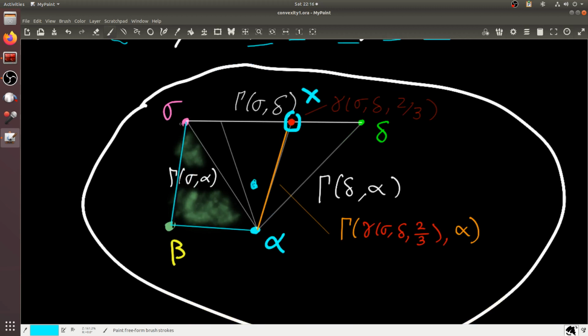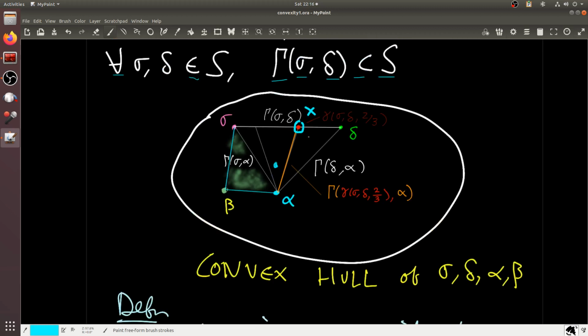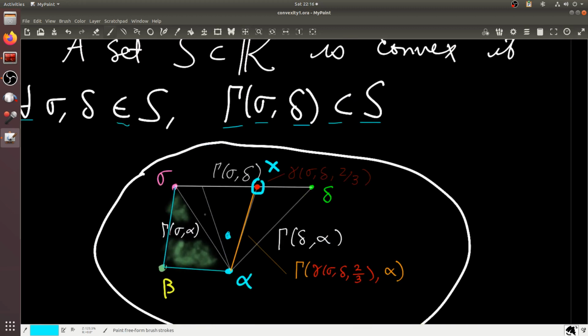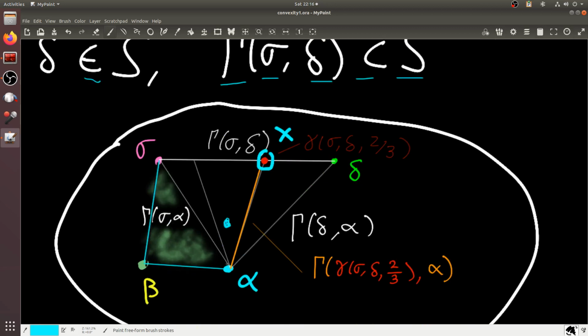What I'm showing in this graph is that if you know that a shape is convex, then you can construct these things called convex hulls in the shape. You take sigma and delta, and then you take a third point in the shape, call it alpha. By convexity, the shape contains the straight line from sigma to alpha.